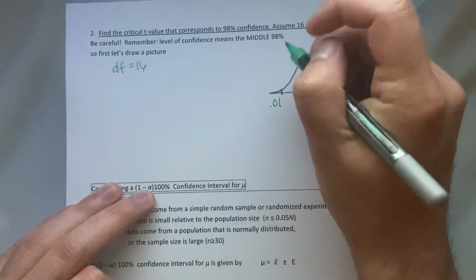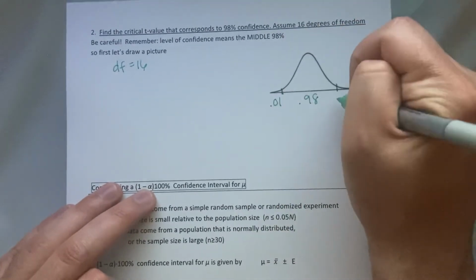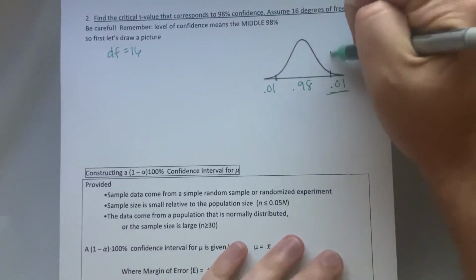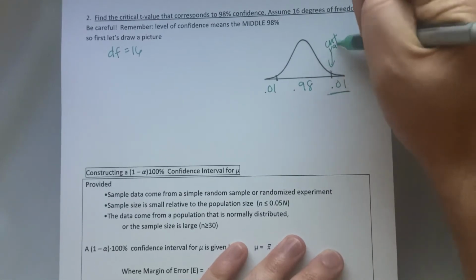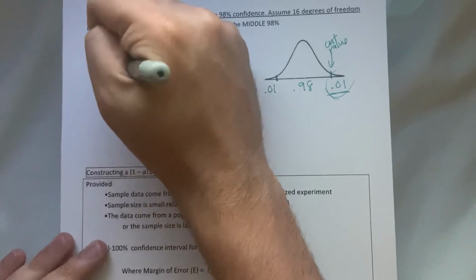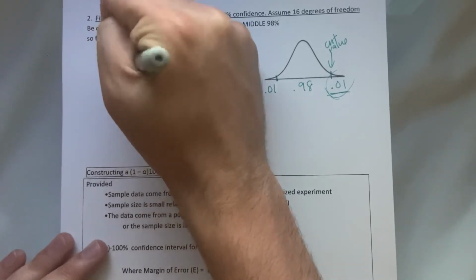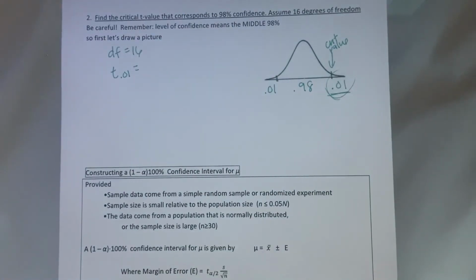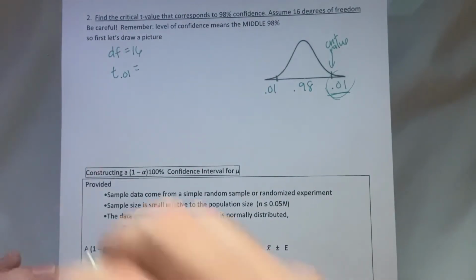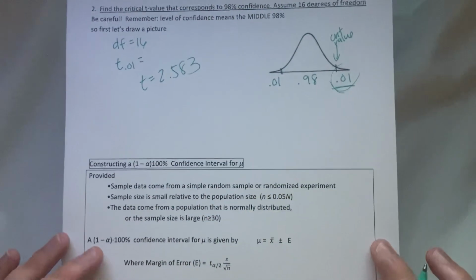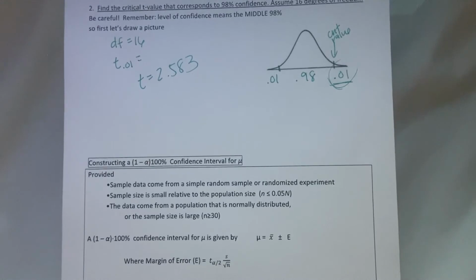It means 2% is on the outside, so that's 1% on either side. So what's actually to the right of my critical value? It's actually only 0.01. So across the top, we're looking for the t value of 0.01 to the right. So we're looking for 16 degrees of freedom across t of 0.01, and we should get a t value of 2.583. So these problems are important, just practice looking for them.